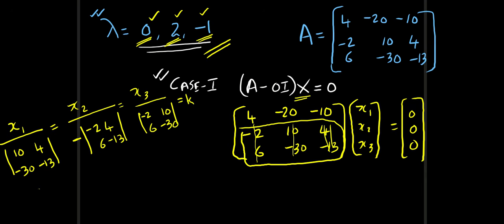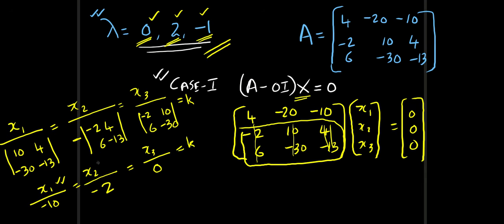Okay, so let's simplify this. So x1 by, that will be minus 130 plus 120, so that will give me minus 10, is equal to x2 by 26 minus 24, and there is a negative outside, so that's going to give me minus 2, and that's equal to x3 by, wow, that's cool, 0, is equal to k.